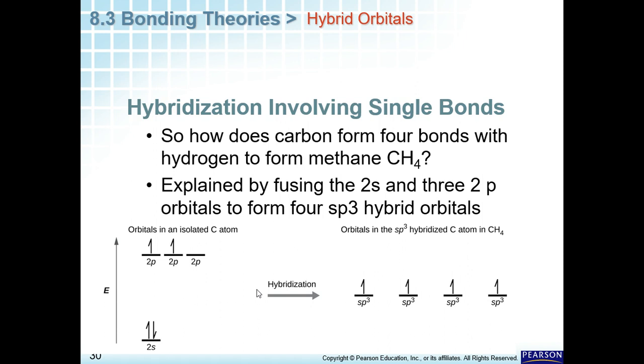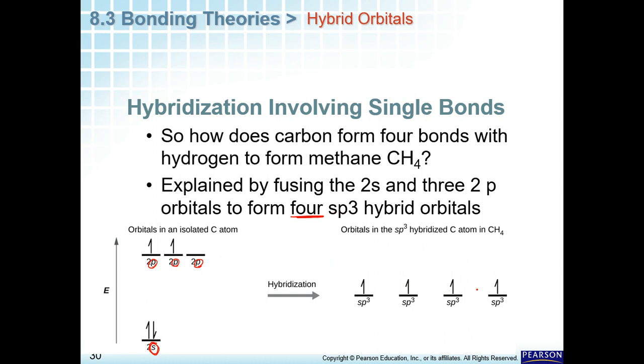The s right here, one of the s's, and then 1, 2, 3 of the p's combine to form a hybrid called sp3. Notice 1 s and 3 p's together made 4 hybrid orbitals.